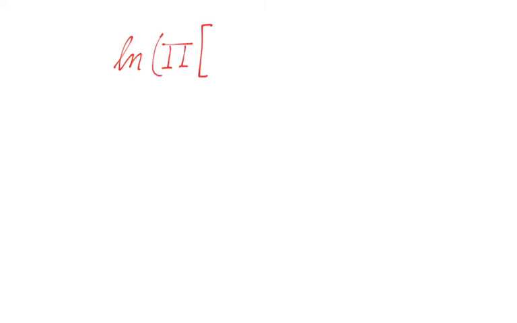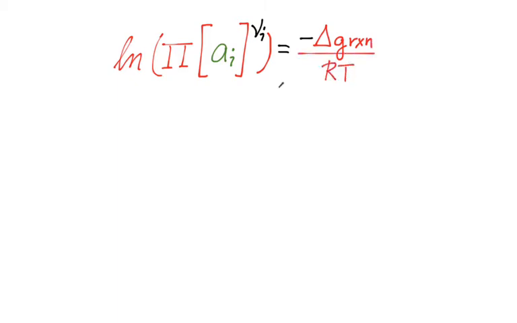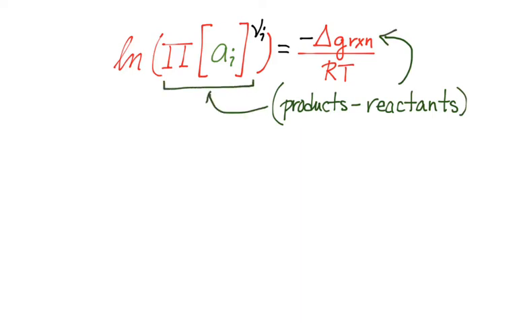As a little reminder, this is kind of rewriting what we've done before: the natural log of the product of activities raised to their stoichiometric coefficients is going to be equal to the negative change in Gibbs free energy of the reaction divided by RT. And that value on the right is going to be all dealing with products minus reactants.